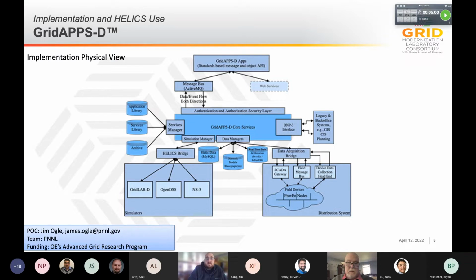They were invited to look at and use the applications that our partners and people at the lab worked on, things like VoltVar and fault detection and restoration applications.